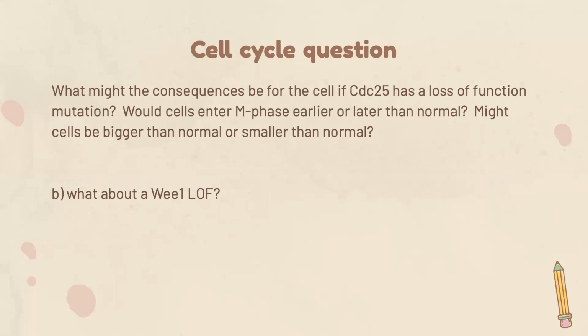Okay, moving along, I don't think there's too many left, but what might the consequences be for the cell if CDC25 has a loss of function mutation? Would cells enter M phase earlier or later than normal? Might cells be bigger than normal or smaller than normal?